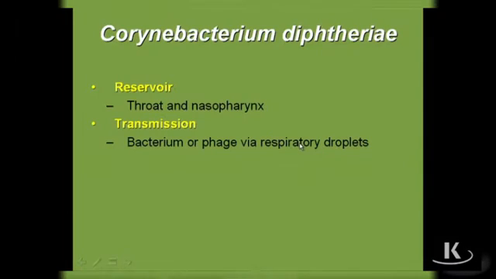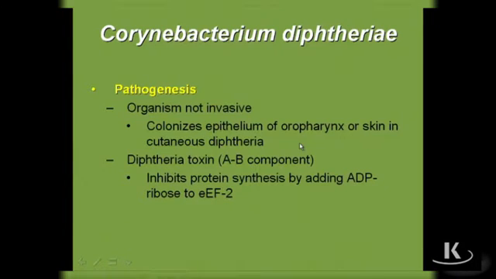Now, what's the reservoir? The throat and nasopharynx, basically. Therefore, we're talking about transmission by way of respiratory droplets. Now, what's important to realize about diphtheria is that it's not an invasive infection, despite the fact that it has effects basically in the oropharynx or the respiratory tract.